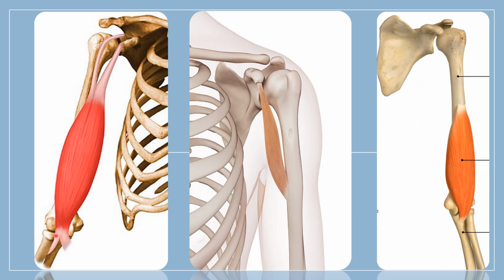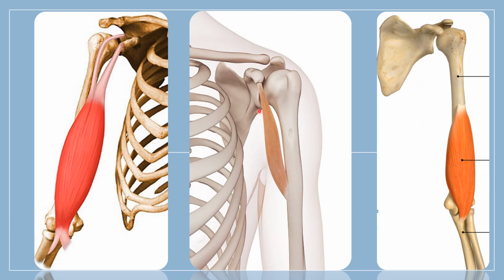So biceps tendon inserted into radial tuberosity, and bicipital aponeurosis, it goes along the medial aspect and get attached to the posterior border of the ulna, that is the most subcutaneous part of the ulna, which is called bicipital aponeurosis. Nerve supply, musculocutaneous nerve. Action, it is the powerful supinator of forearm and flexes the elbow joint.